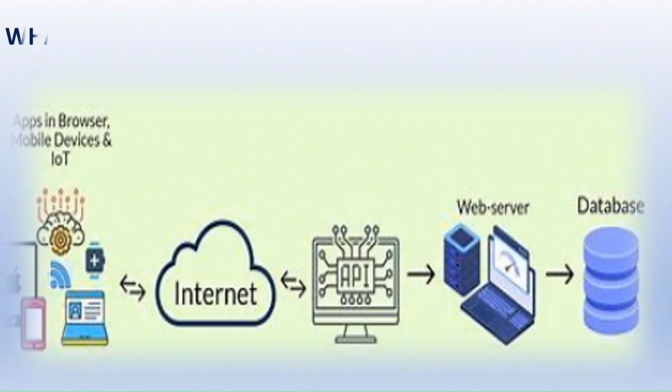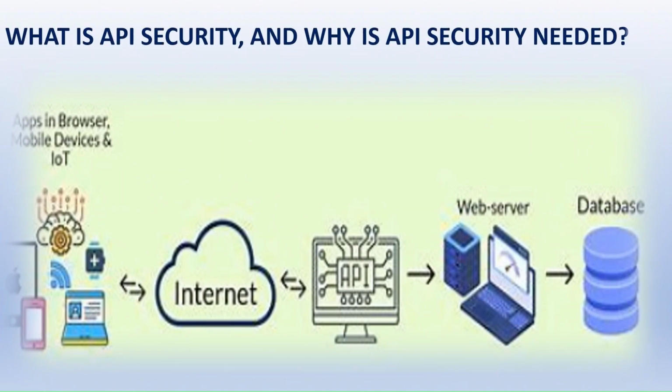To safeguard APIs from unauthorized access, data breaches, and cyber attacks, organizations need to implement various techniques and practices that fall under API security. APIs also introduce unforeseen risk due to their interdependencies across multi-cloud architectures, expanding the risk surface.